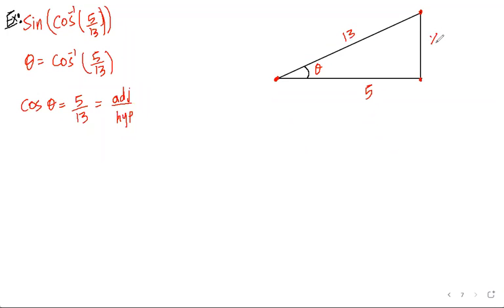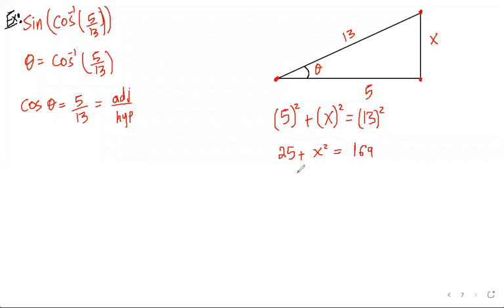So I have to find the value for x, again by using the Pythagorean theorem. 5 square plus x square equals 13 square. 5 square is 25, plus x square equals 13 square, which is 169.